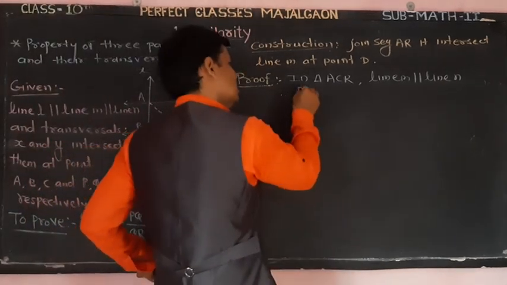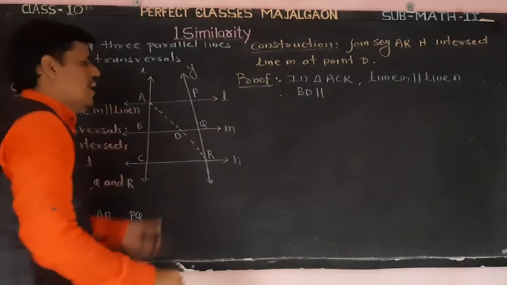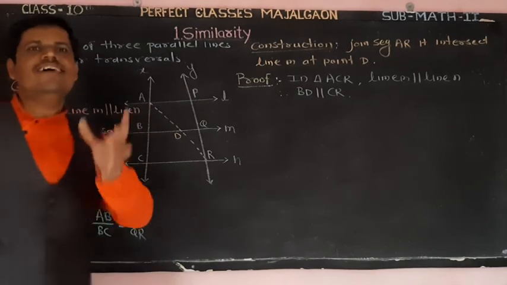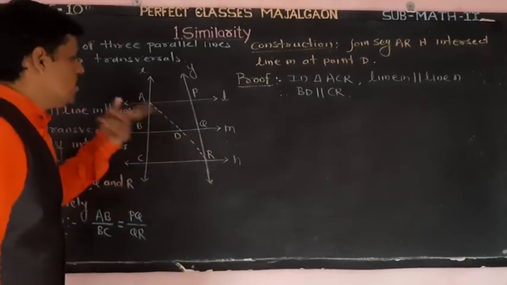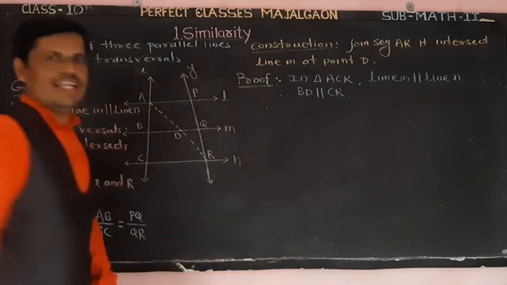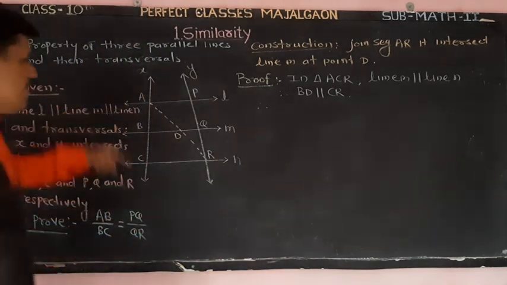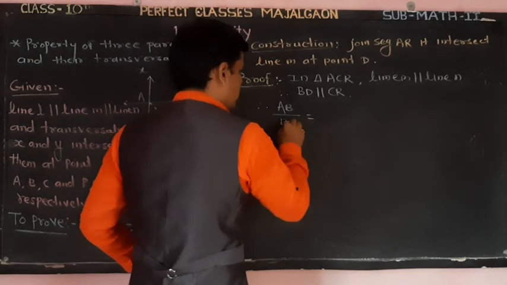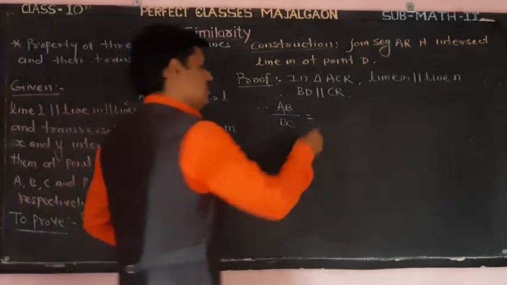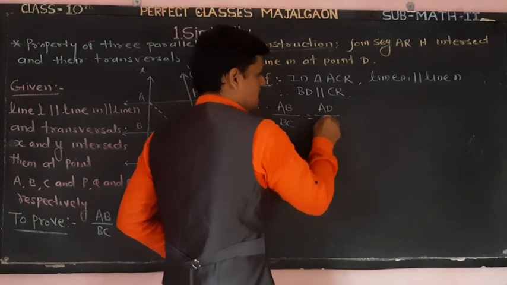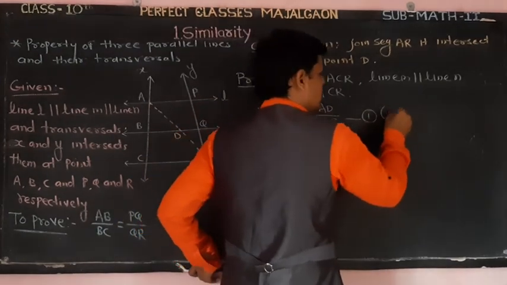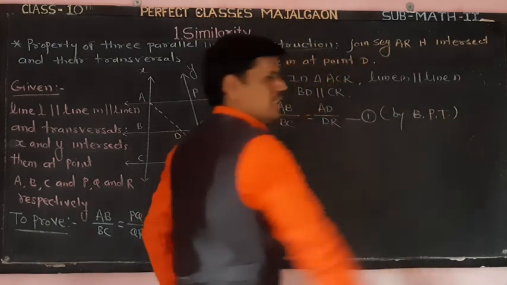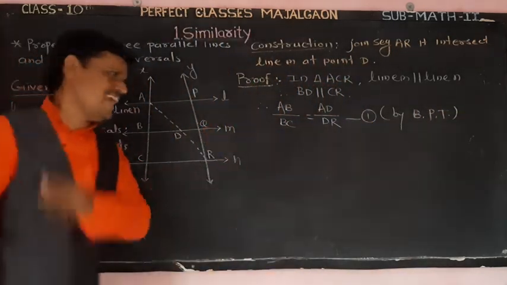Therefore, BD parallel CR. And if a line is parallel to a side of a triangle, then it divides the remaining two sides in the same ratio. This is the basic proportionality theorem we see. Therefore, AB upon BC equal to AD upon DR. Name this equation number 1. The reason is basic proportionality theorem.